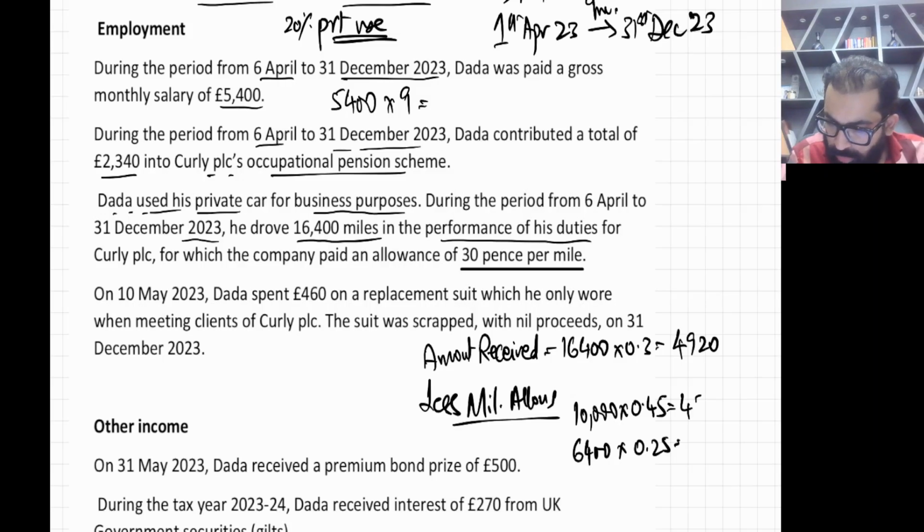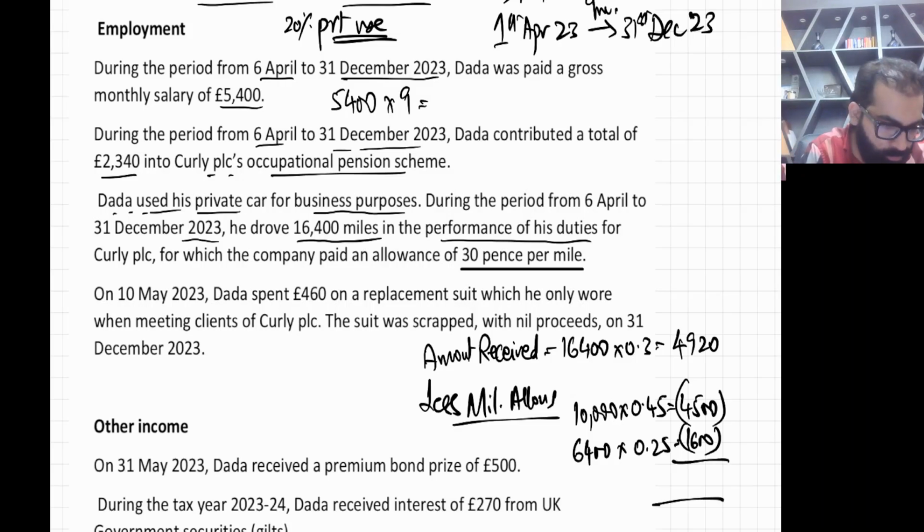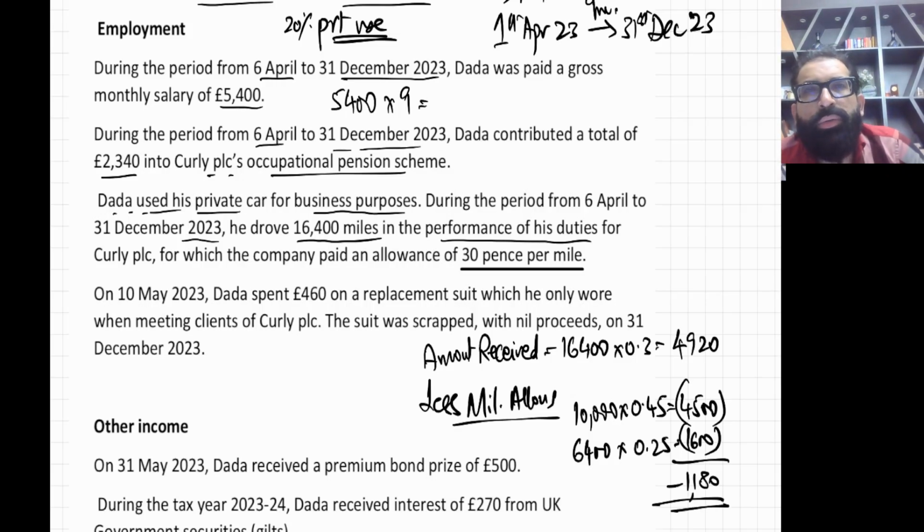So this is going to be 4500 and this is going to be 1600. The result is negative 1180.